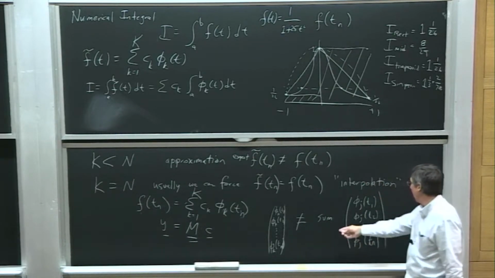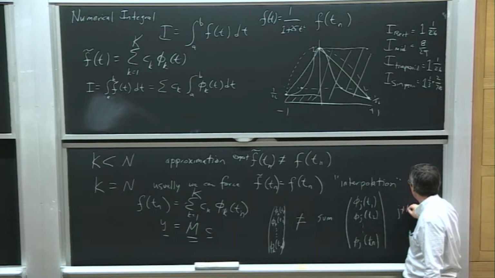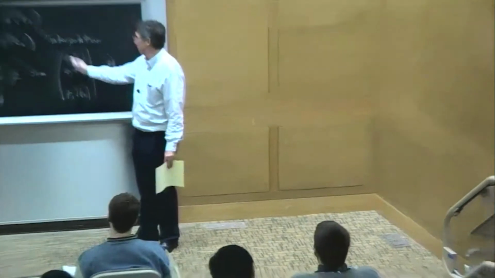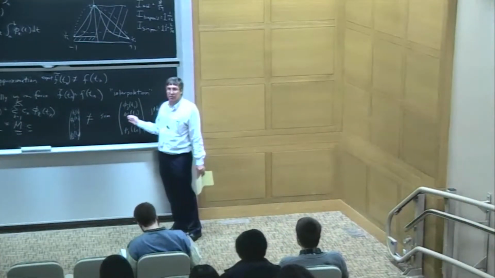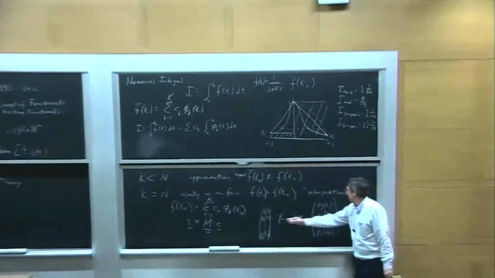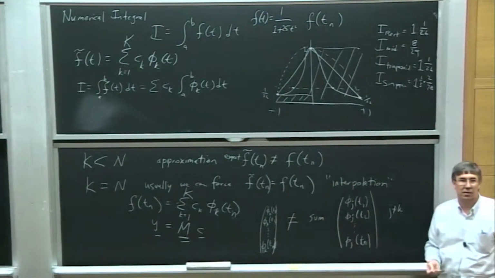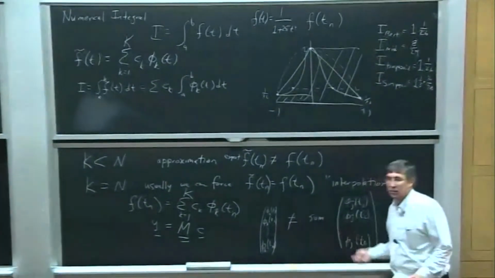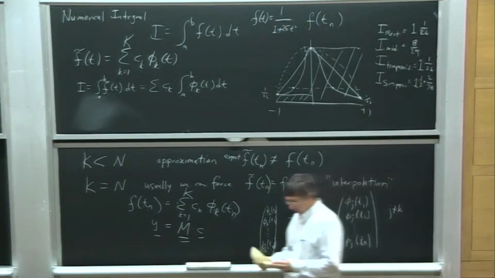So this is a requirement for j not equal to k. If I'm going to do this procedure, I can't choose a set of basis functions where one of them is a linear combination of the other ones, because then I'm going to get a singular matrix, and I'm going to have a big problem right from the beginning. So I have to ensure that these are not equal to some combination of the others.